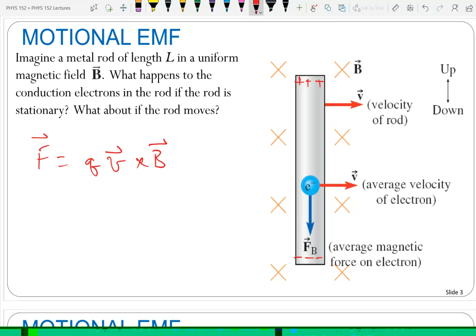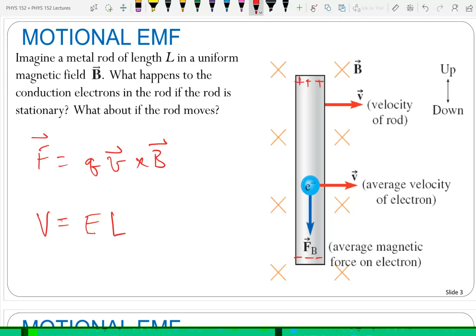And so that's going to make an electric field and a voltage difference. For my nice uniform rod like this, it'll be a uniform electric field, and we'll have, oh, let me put L here. The voltage difference, that's not an L. The voltage difference from top to bottom is going to be the electric field that's created times the length of the rod.